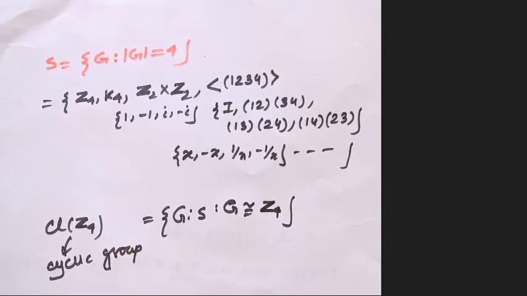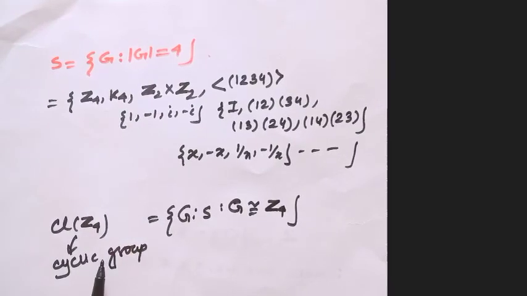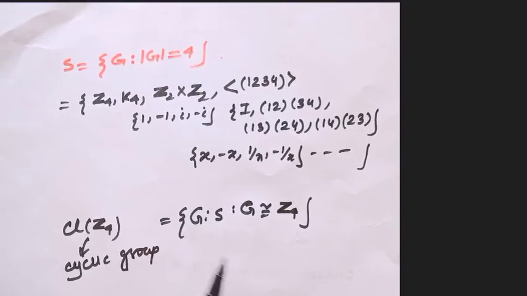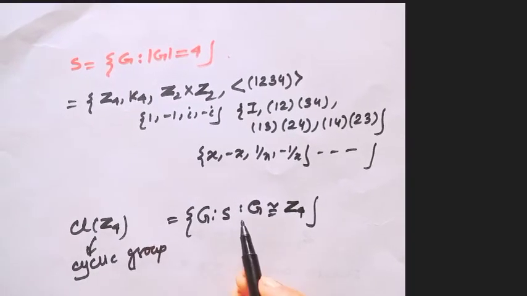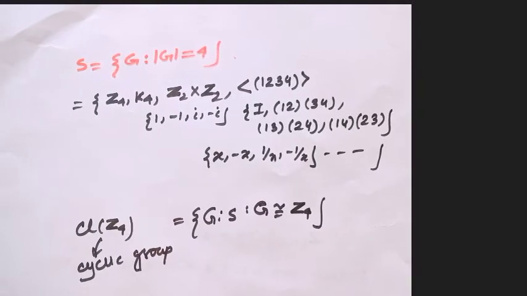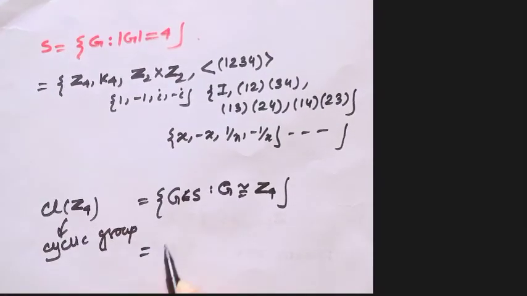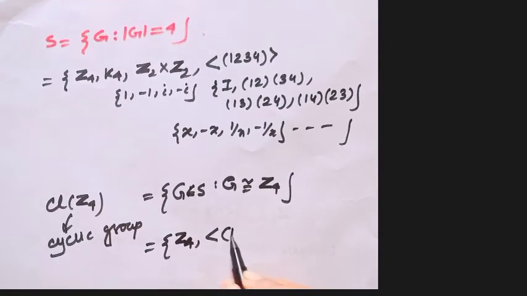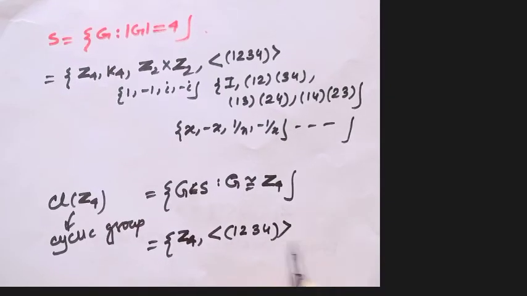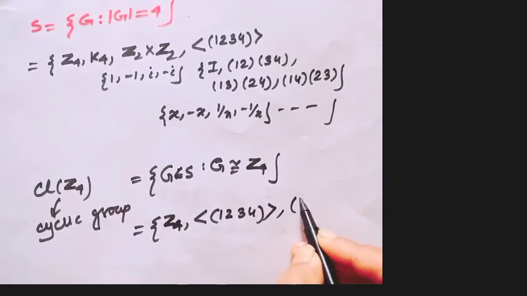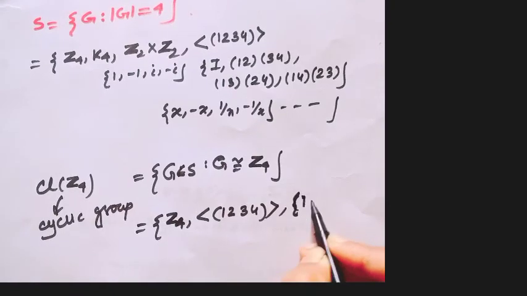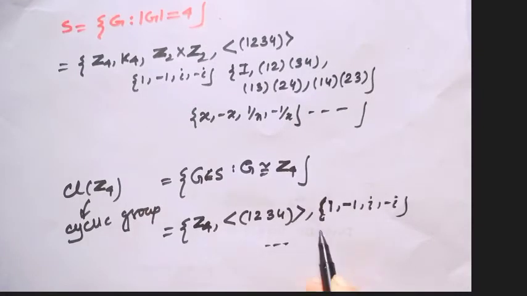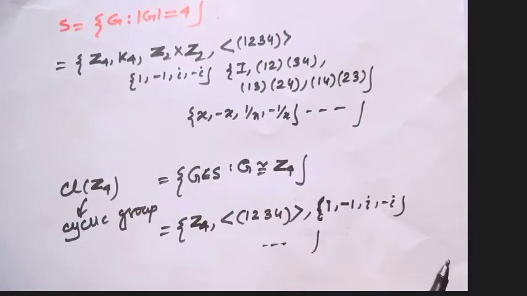Okay? Now the class of Z4: we all know Z4 is a cyclic group. That means it is the set of all G in S such that G is isomorphic to Z4. This set contains Z4, the cyclic subgroup generated by 1, 2, 3, 4, and the set containing the elements 1, minus 1, i, minus i, and so on, which are cyclic groups of order 4.